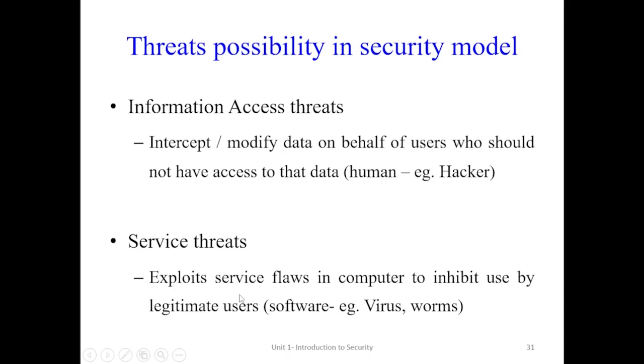That software is installed by an authorized user, but that authorized person is not aware of the virus or worms present in that particular application. This type of threat is called a service threat. So threats are dangerous and harmful to the system. If any threat is done by a human being, that is called an information access threat, or if any threat is done by worms or viruses, then that is called a service threat.